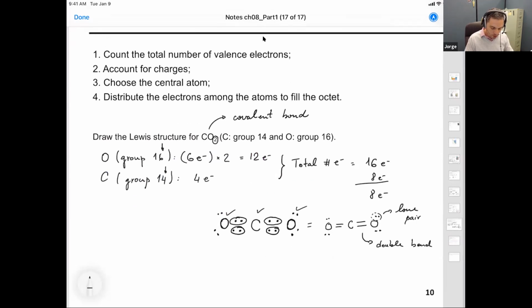Okay, so one of the common questions that I usually get in this structure is why do I need to have a double bond between carbon and oxygen and not a single bond? Well, let's draw the structure and let's see what we get. Okay, single bond here, single bond here, oxygen and oxygen.